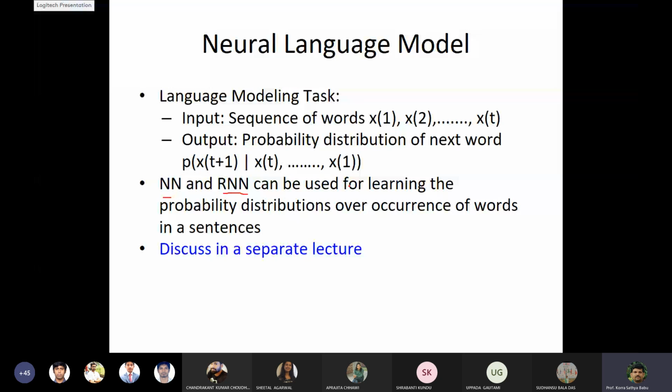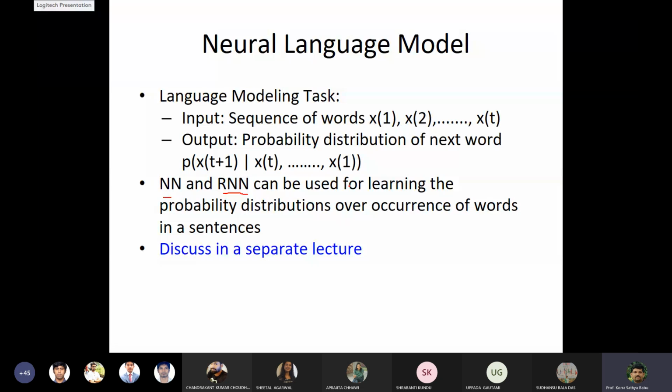So these are the neural language models that can be used, and we'll discuss all those neural network models separately, maybe in the next lectures. We need to discuss neural networks, recurrent neural networks, LSTMs or GRUs, and then transformers and encoders.